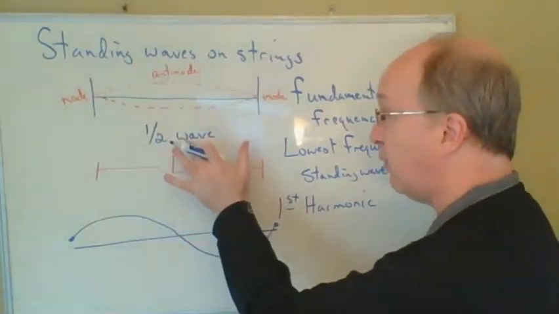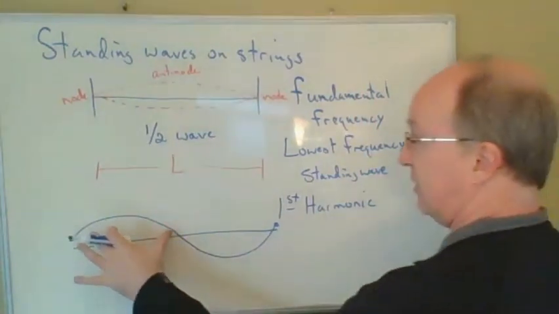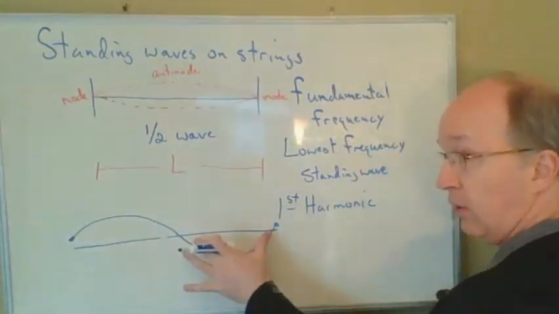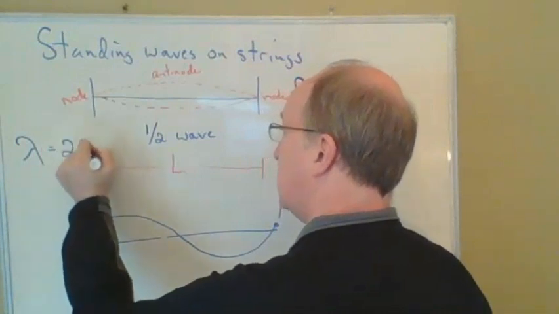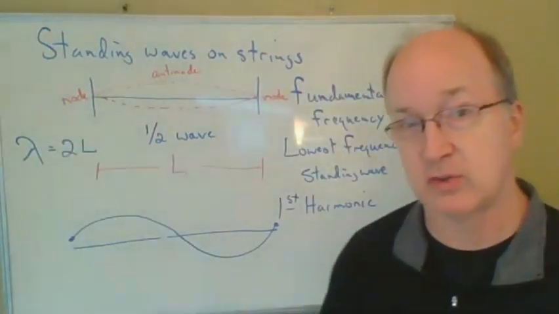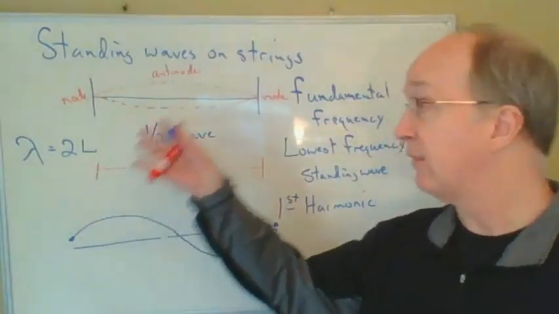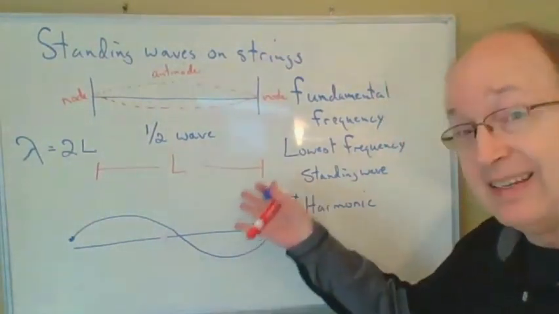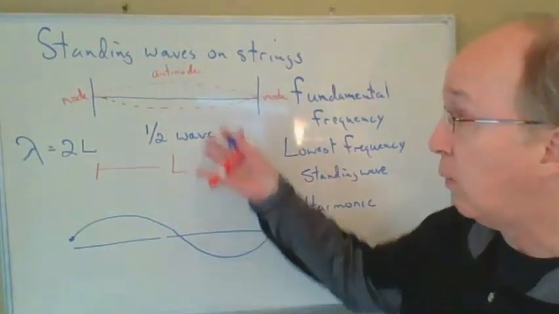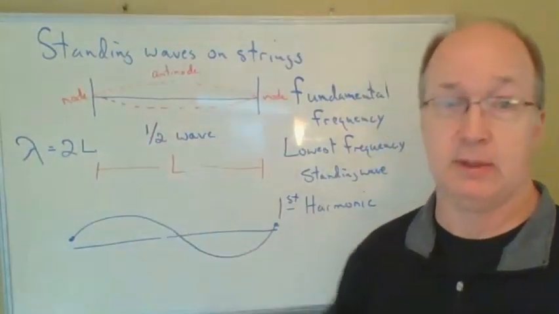So if you have half a wave vibrating on a string that is L long, then the other half would also be L, and the wavelength is 2 times the length of the string. So if your string is 1 meter long, your wavelength of the first harmonic is 2 meters. If your string is 20 centimeters long, the wavelength of the first harmonic on that string would be 40 centimeters.